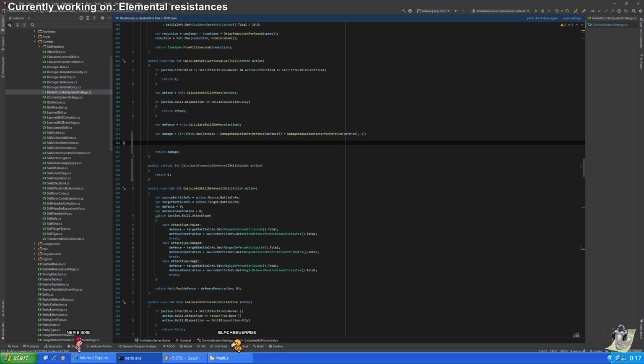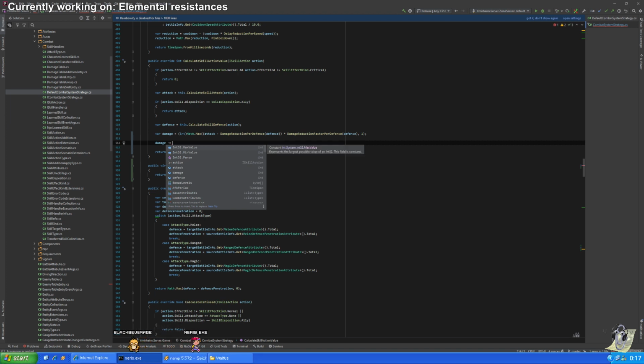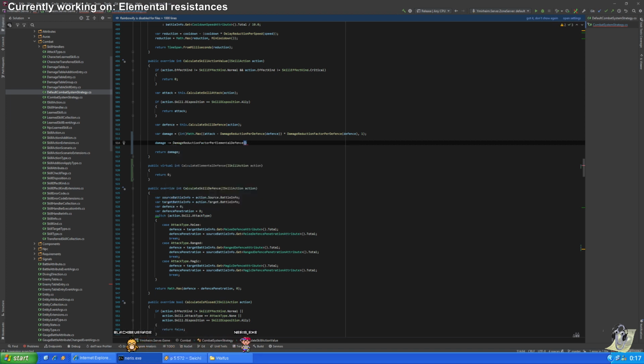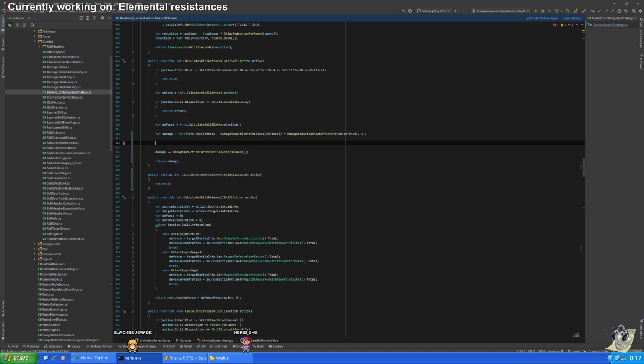So this is gonna be damage decrement by damage reduction per elemental defense. But to get the elemental defense, I need to get it from the battle info.